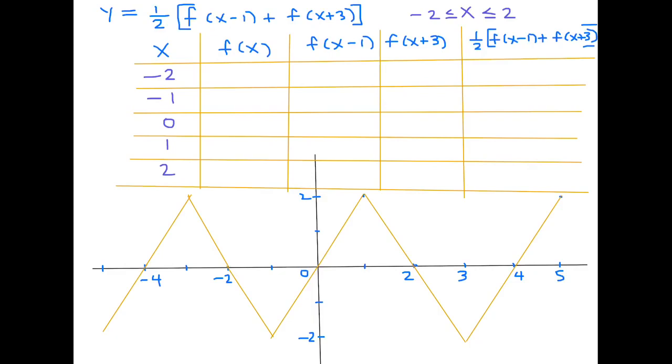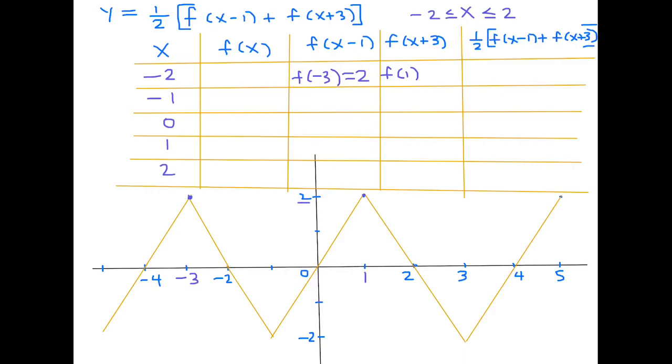So f at x minus 1, if x is minus 2, would be f at minus 3, like that. And what is f at minus 3? Well, this is minus 3, and f at minus 3 looks like it's 2. So that's 2. F at x plus 3 is what? If x is minus 2, it's 1. So f at 1, from our diagram, here's 1, is 2.